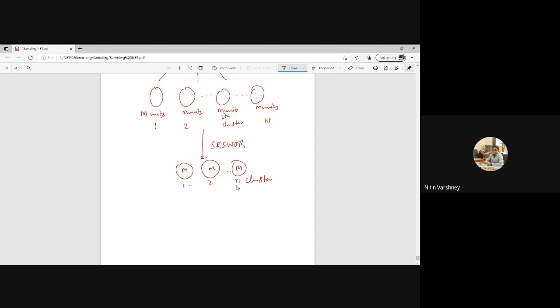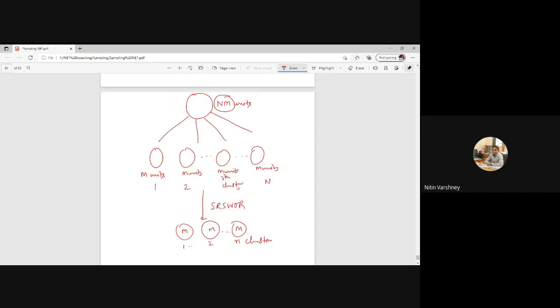So this is the setup of cluster sampling. I am considering equal cluster size. So we can say that this is my population size nm, and we will select small nm. This is the sample and this is the population.